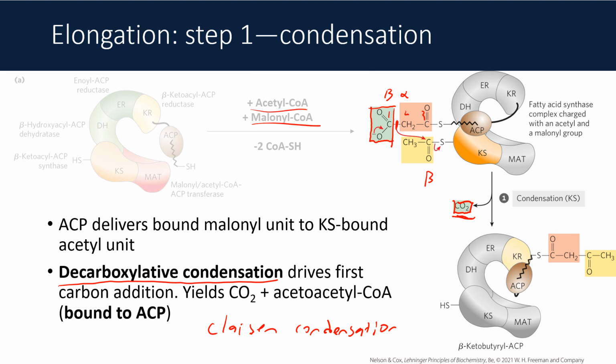So instead, we form the enolate, so to speak, by this decarboxylation process. This decarboxylation is a cheat code that allows us to condense this alpha carbon onto this beta carbon without using a strong base.